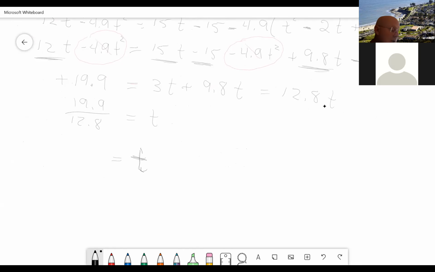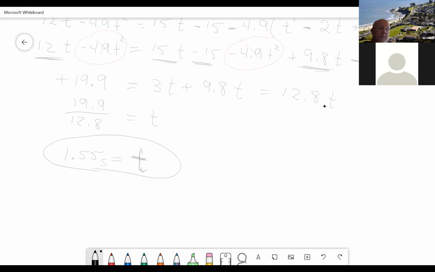So grabbing my calculator, it looks like 19.9 divided by 12.8. And that would be a time of about 1.55 seconds.